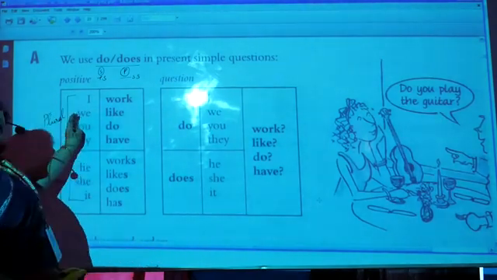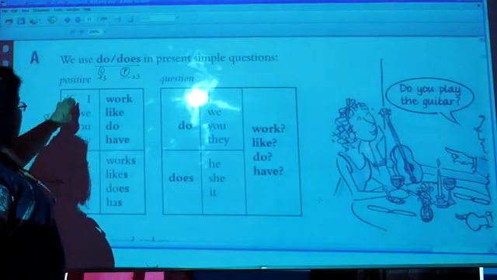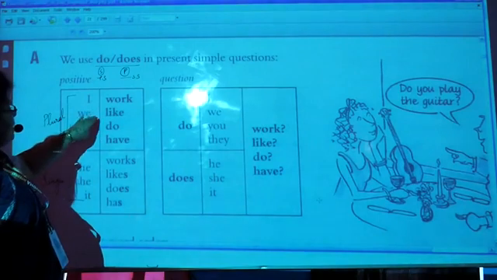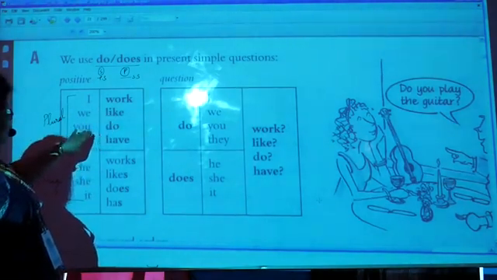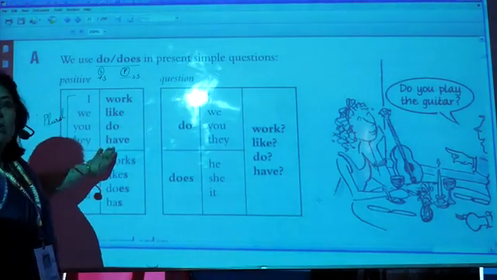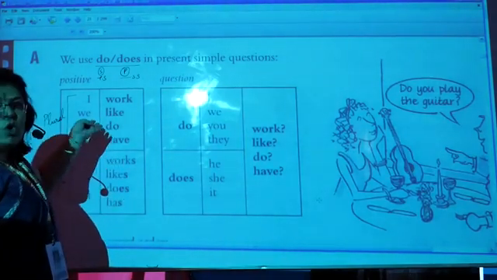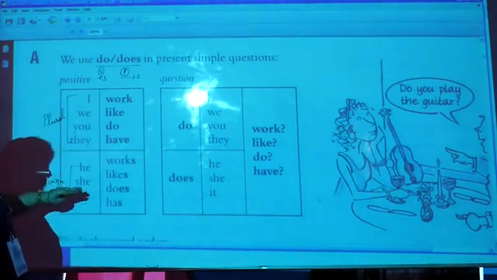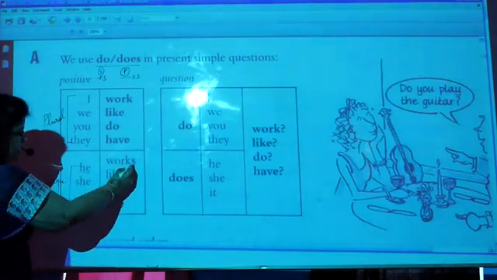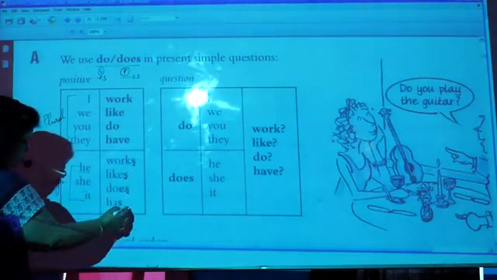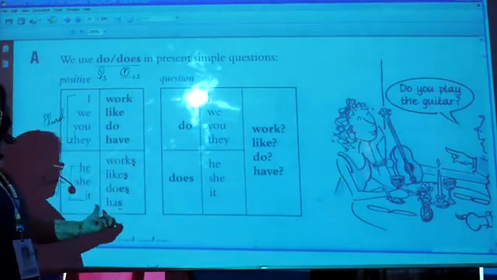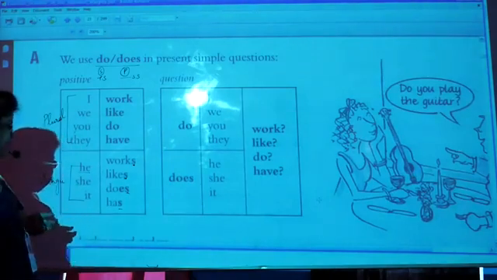Now when we are making a simple sentence, the positive sentence, we make sentences like I work here, right? We like mangoes. You do lot of work. They have lot of toffees, and so on. And with singular, he works. See what happens here? He is singular, so this has become plural. So he works, she likes, it does, it has, and so on, right?